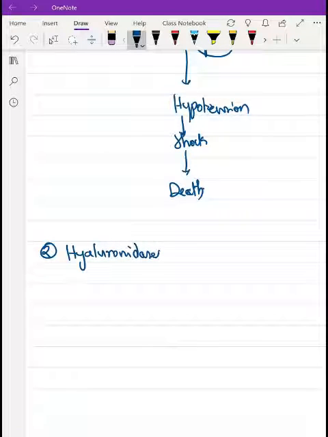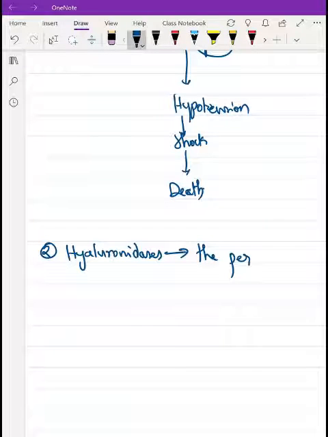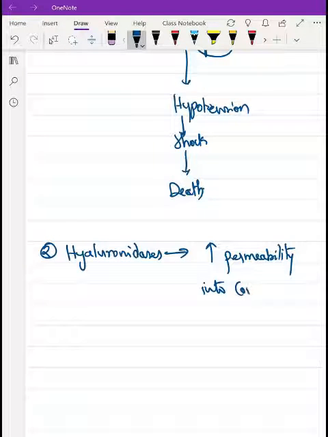Hyaluronidases act on connective tissues. They increase the permeability of the toxin into connective tissues.